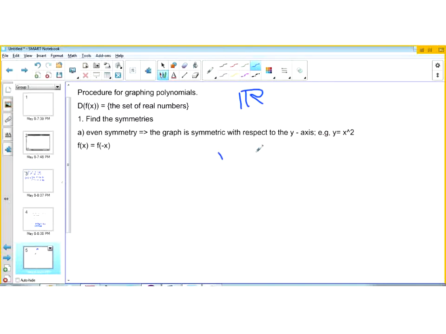So for instance, if I give you y is equal to x squared, let's write it in terms of f of x. So f of x is equal to x squared.